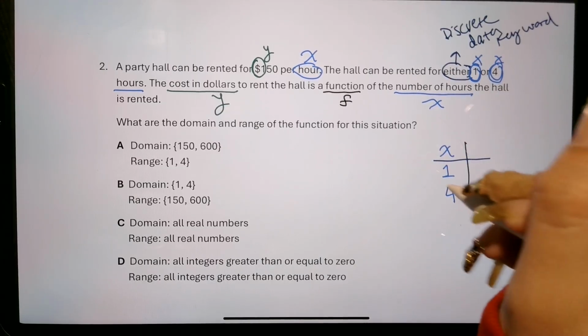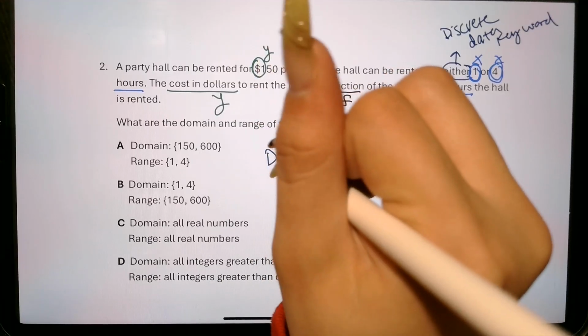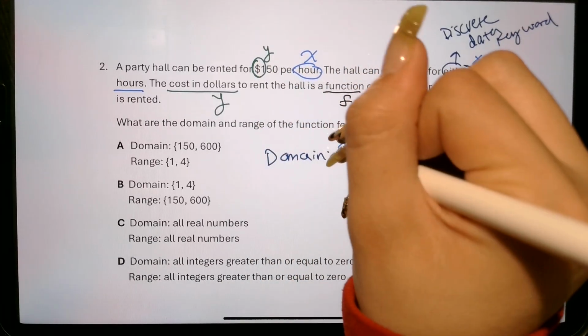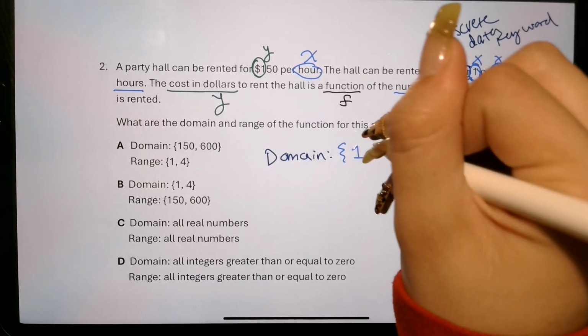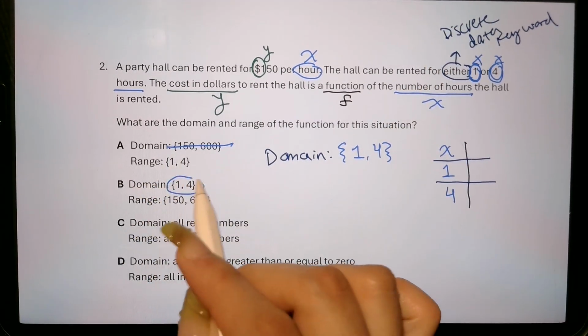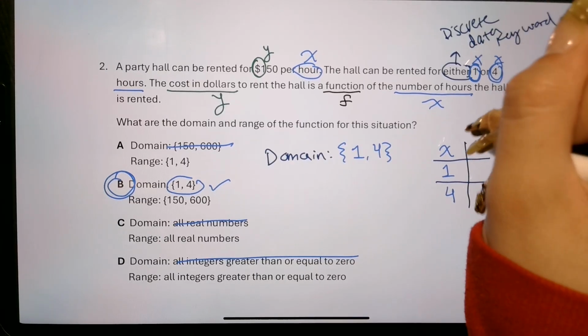And once again, you could do process of elimination. Our domain is 1 and 4. And the only one that has a domain of 1 and 4 is B.